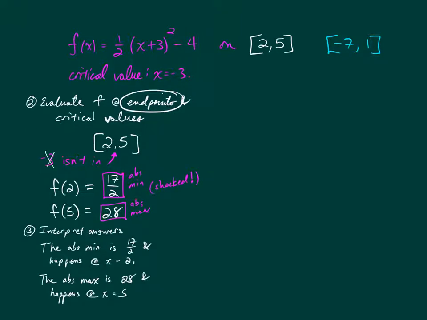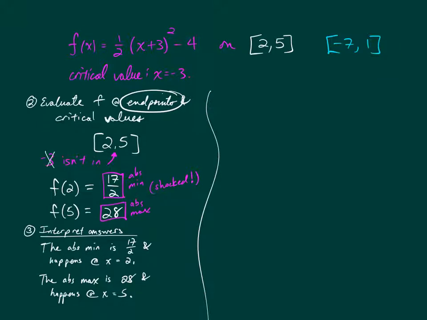So here are the interpreted answers: the absolute minimum is 17/2, and that happens at x equals 2, and the absolute maximum is 28 and happens at x equals 5. And I don't think that's much of a shocker for anybody out there that 28 is bigger than 17 over 2.